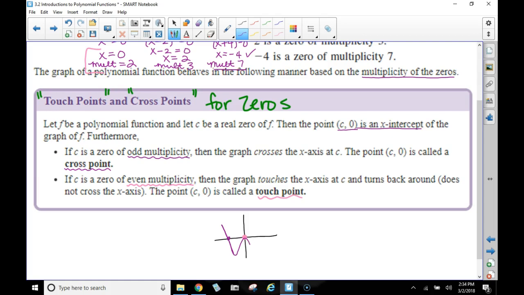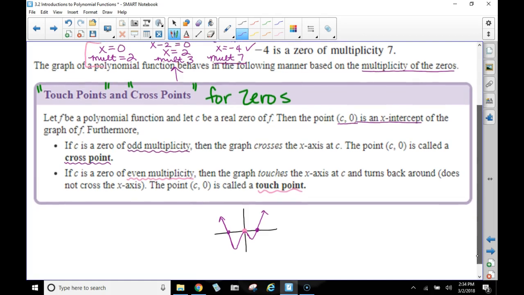And then remember at x equals 2, we had a multiplicity of 3. Since that was an odd multiplicity, it's going to cross instead of just touch. So those are the touch points versus the cross points, and that's going to come in handy when we're sketching a graph.